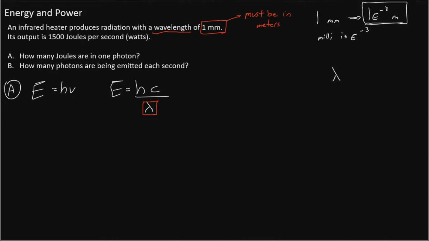We know that the wavelength is 1 times 10 to the negative third. H is Planck's constant. That is 6.626 times 10 to the negative 34. And C is the speed of light, 2.998 E8. All we need to do is place the numbers into their correct positions.